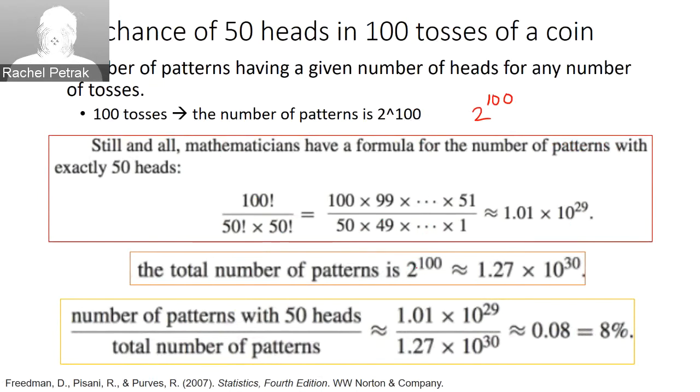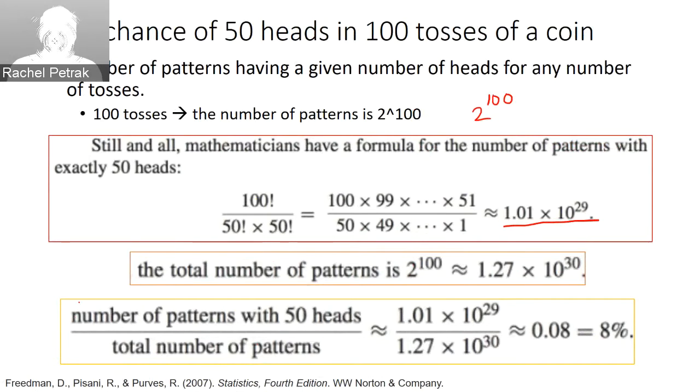So this gives us the number of patterns with exactly 50 heads. That's what this number is. Now, our next quantity here is the total number of patterns, 2 to the 100th. Okay, this is our total number of patterns.